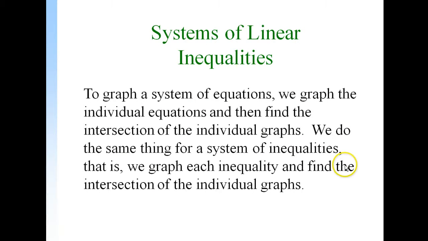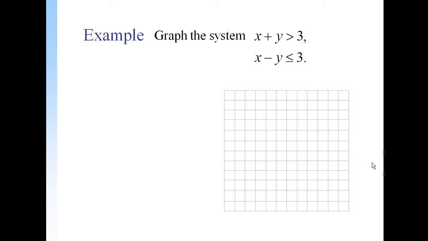Now in this section, we're going to do what is called systems of linear inequalities. We're going to use 2 of the lines. So what do we do? Well, we have to graph each line. Now you could use x and y intercepts, but I like to use slope intercept form.